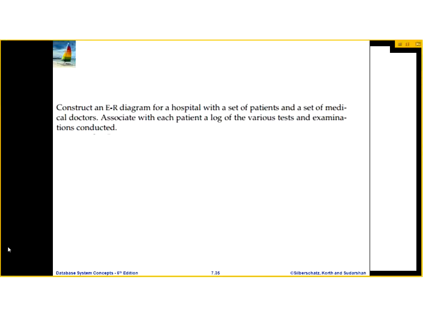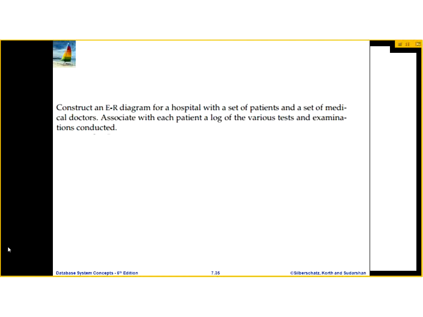Okay, so the question is, you have to construct an entity relationship diagram for a hospital. Imagine a hospital system. Now we are talking about a hospital management system, an online system with a set of patients and a set of medical doctors.